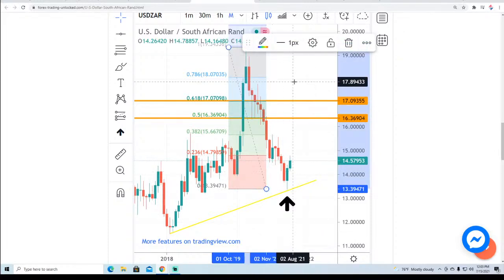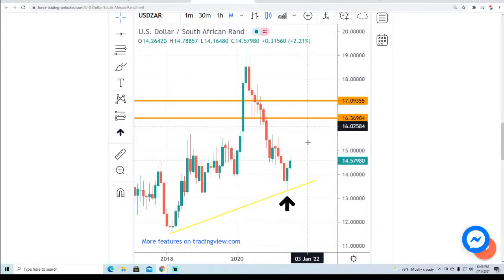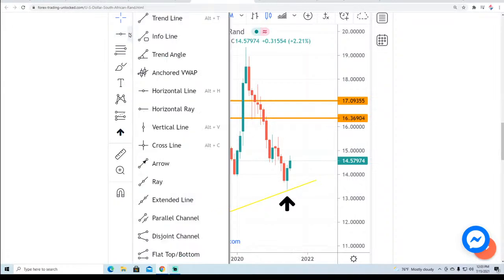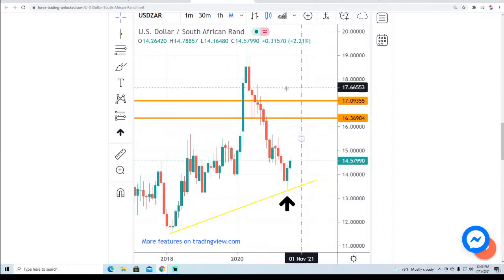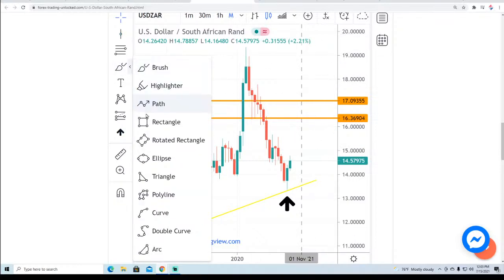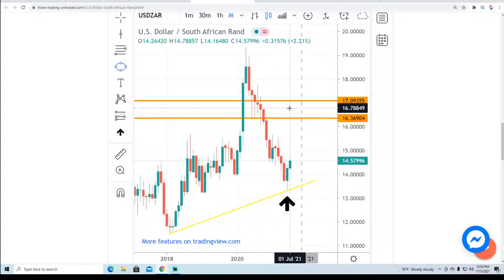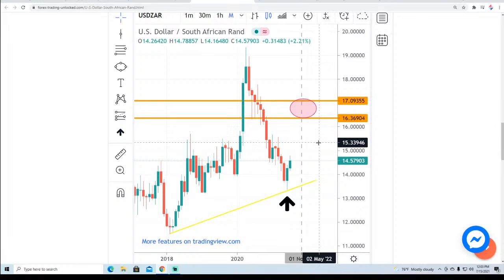So look at this move we're looking at here. This kind of move, and especially if we're looking at it over the next 3 to 4 months. So here's 1, 2, 3, 4, puts us into November. Somewhere in there in that pocket right there. This is our target right here. How about that? That's a nice little move.